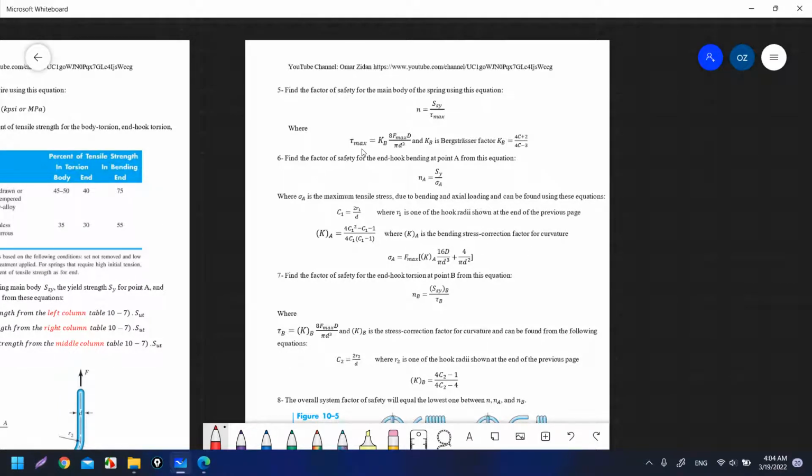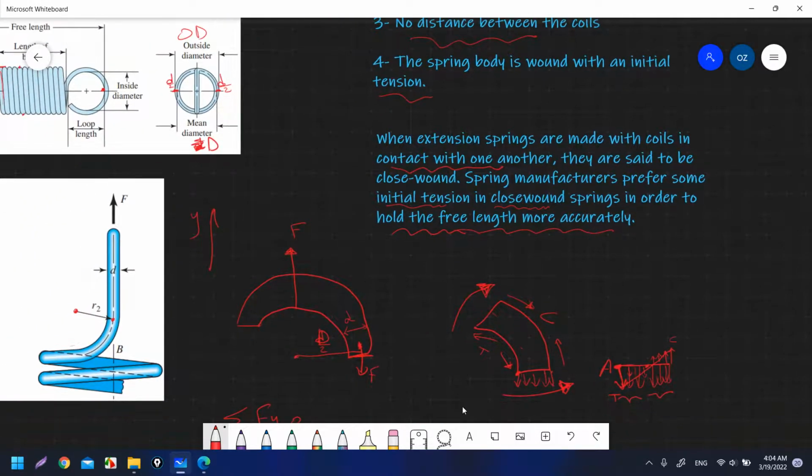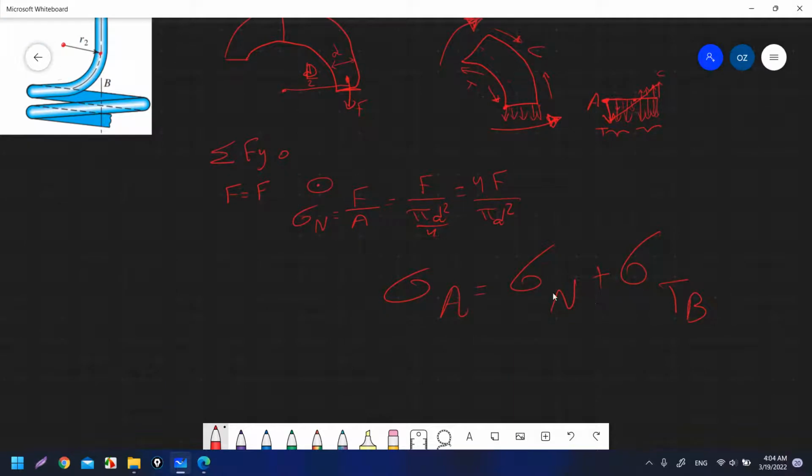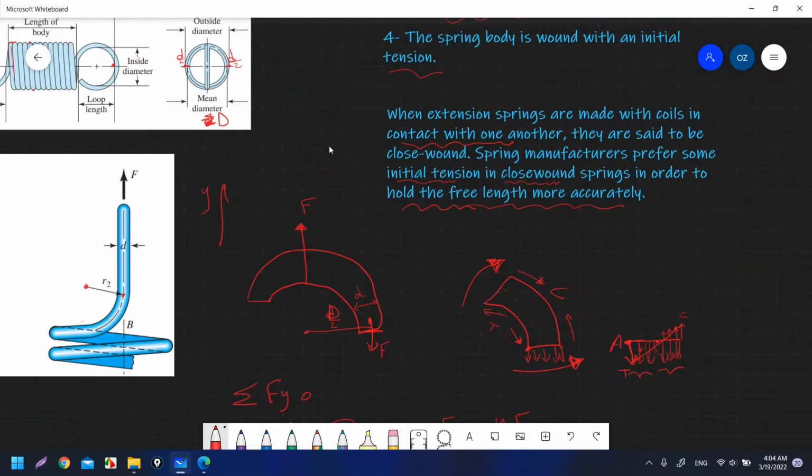Okay, tau max can be found from this equation. Kb is the Bergen factor that we already found. Okay, we have everything, we can calculate tau max. SSY, we'll see how we can get it. Okay, we have sigma A. Sigma A is the bending stress and the axial load stress together that we saw here. The normal stress plus the tension stress from bending.